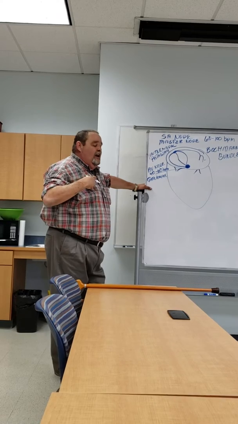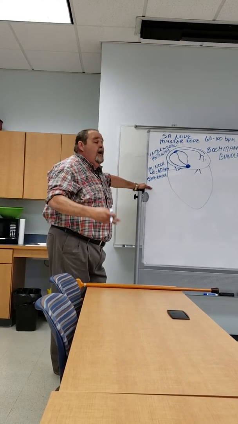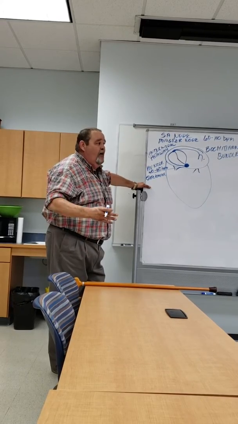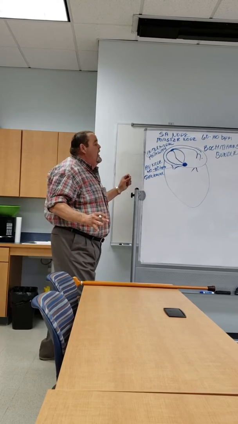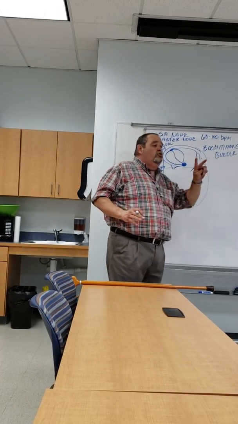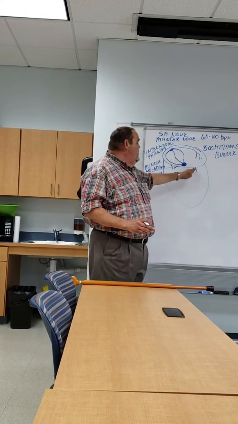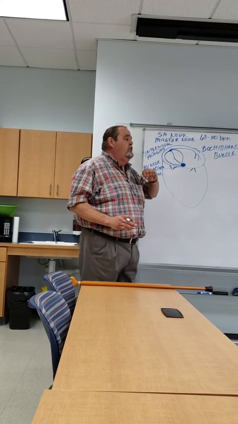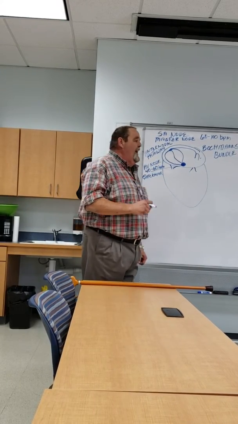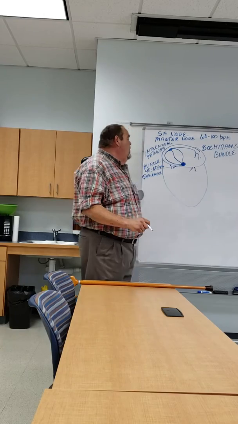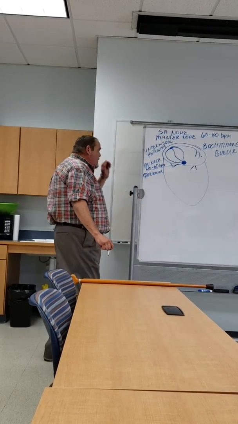So on the right side of the heart, between the right atrium and right ventricle, you have a tricuspid valve, 3 leaves. On the left side, your left lung has 2 lobes, so you can remember that this valve between the left atrium and left ventricle is a bicuspid valve, 2 leaves. It can also be called the mitral valve, okay?